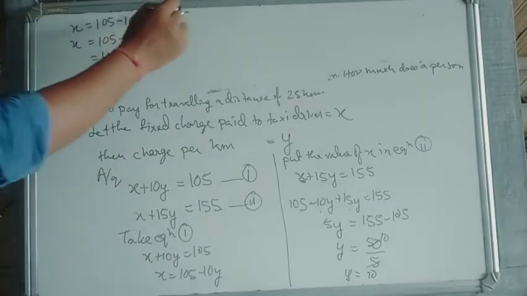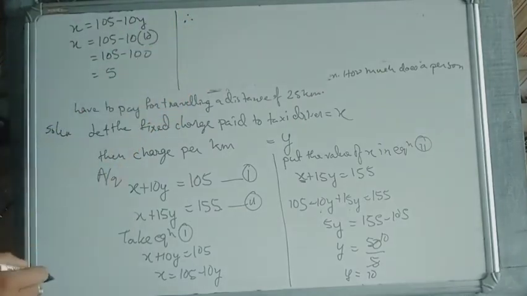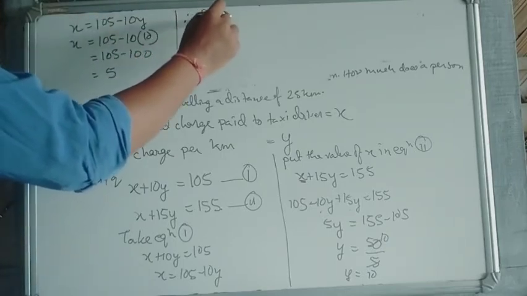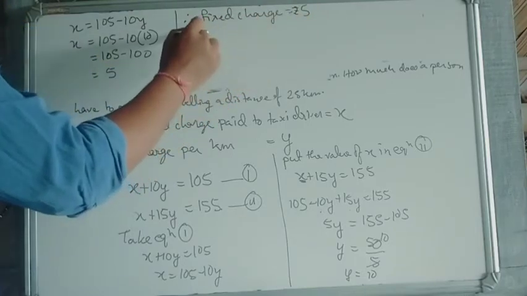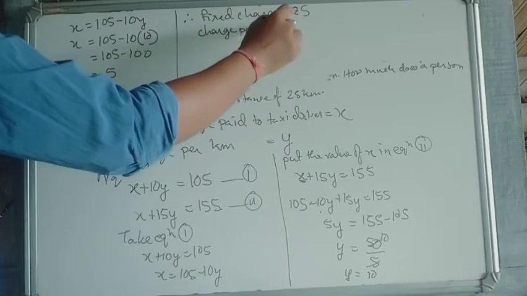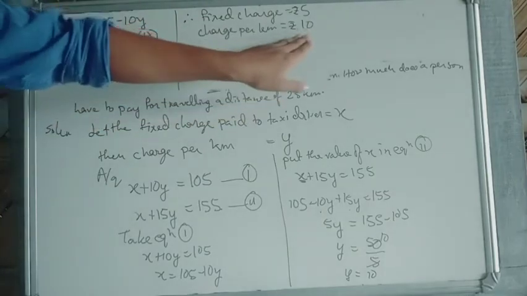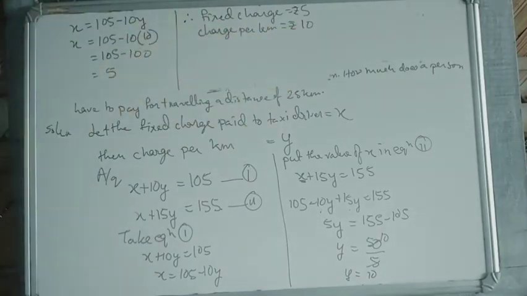Therefore, the fixed charge is equal to 5 rupees and the charge per kilometer is equal to 10 rupees. So the taxi driver takes 5 rupees fixed, and 10 rupees for every kilometer. So 1 kilometer is 10 rupees, another kilometer again 10 plus 10 is 20, and then 5 makes 25. Okay, so like that it is given.